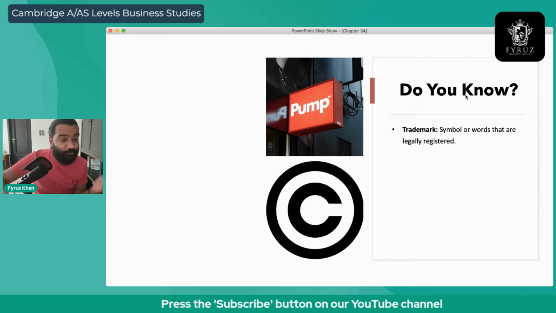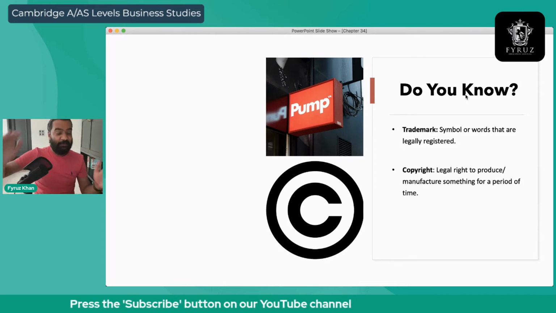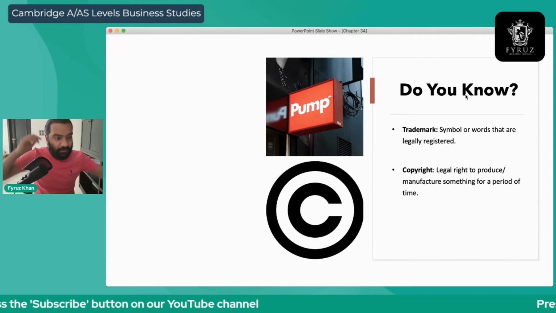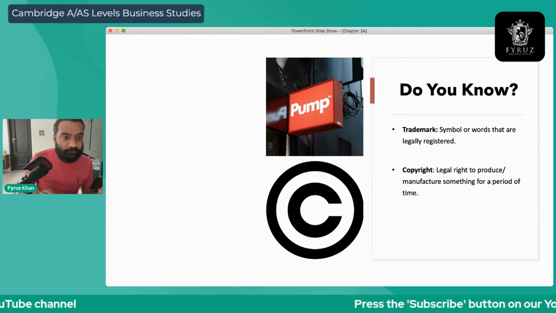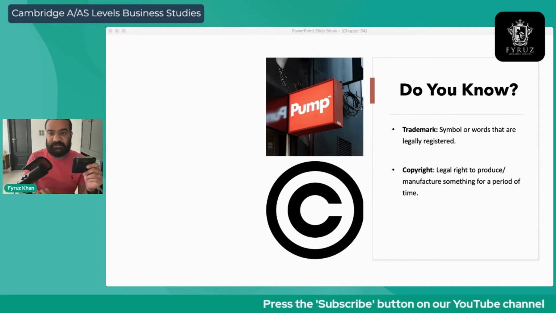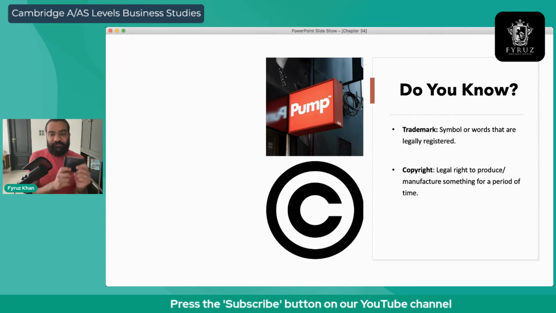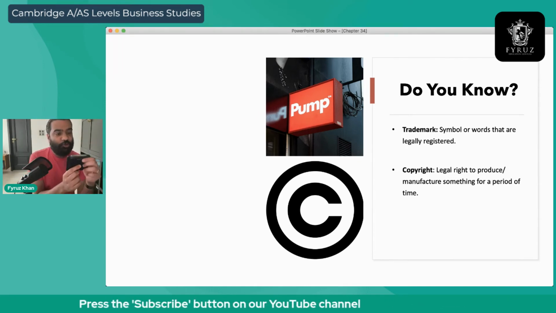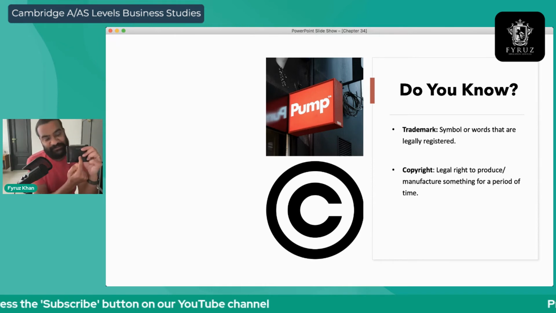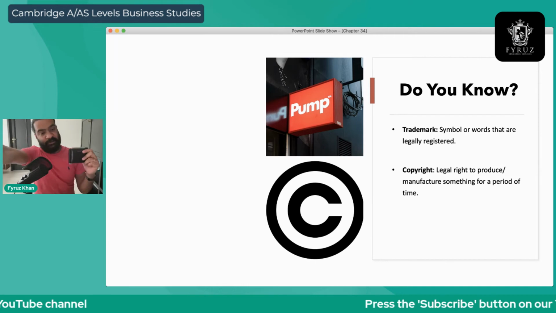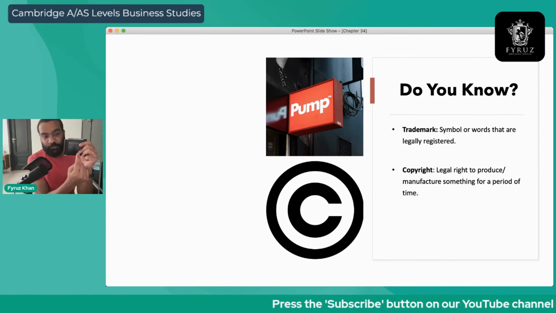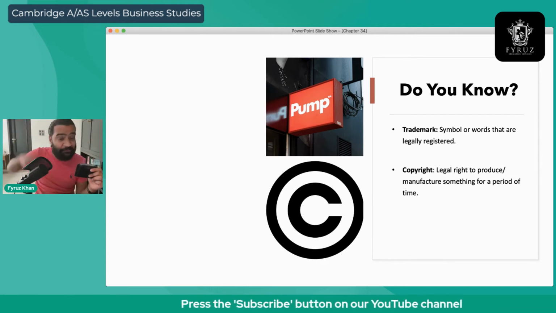Then you have copyright. Copyright means that, let's say you make wallets, okay? You make these wallets, and you give me the right to copy this item, to make this item in my country. Let's say you are in Zimbabwe and you give me the rights to make this wallet in Bangladesh.